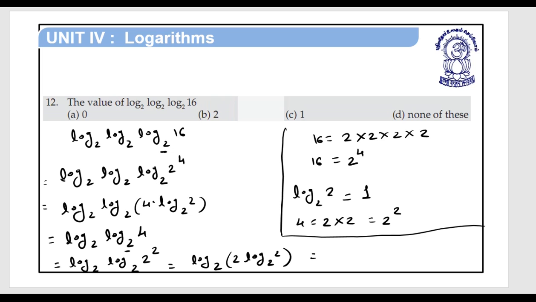So 2 into 1 is 2. So log 2 to the base 2 is equal to 1. So answer is 1, C.